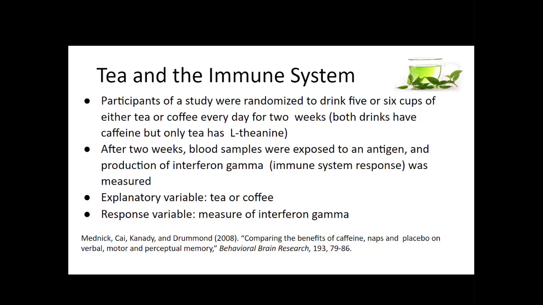After 2 weeks, blood samples were exposed to an antigen, like some sort of germ, something foreign. And production of interferon gamma, an immune system response, was measured. So they looked to see how much of this interferon gamma was being produced by the blood sample as it reacted to this foreign body, like this germ or something that they put in the blood.